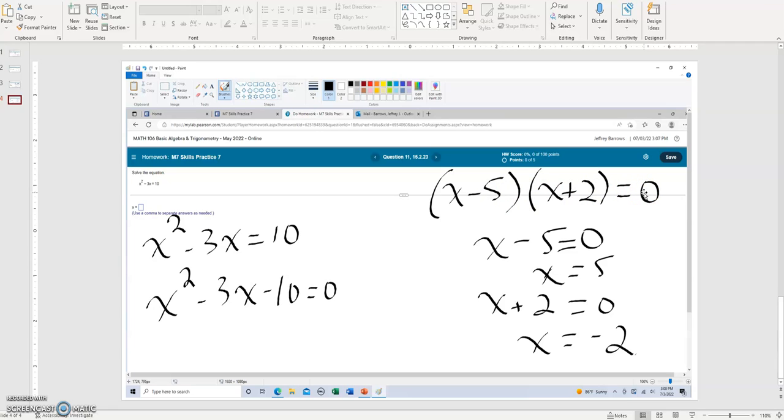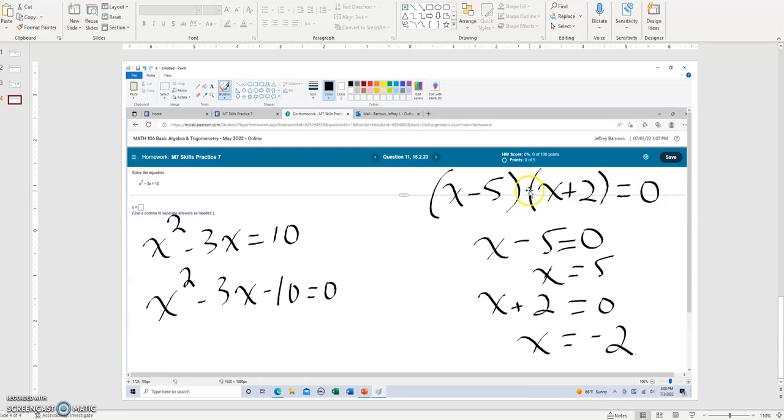And as you go through the reading this week, you'll read about what's called the zero factor property or zero factor principle, which says effectively, if I have two factors and their product is equal to 0, the only way that can happen is if one or both of these factors is equal to 0. So once I get to this point, I've factored the polynomial and set it equal to 0.